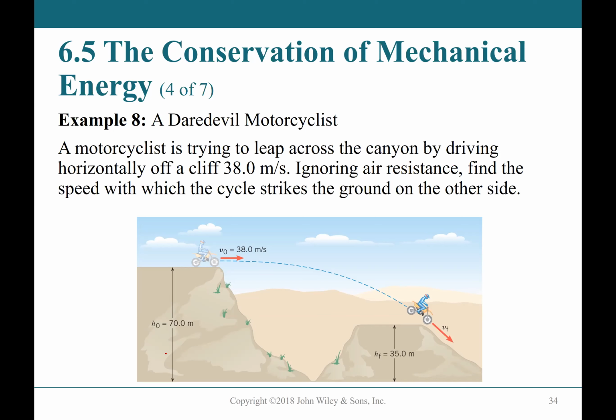So this example says, a motorist is trying to leap across the canyon by driving horizontally off a cliff at 38 meters per second. Ignoring air resistance, find the speed with which the cycle strikes the ground on the other side.